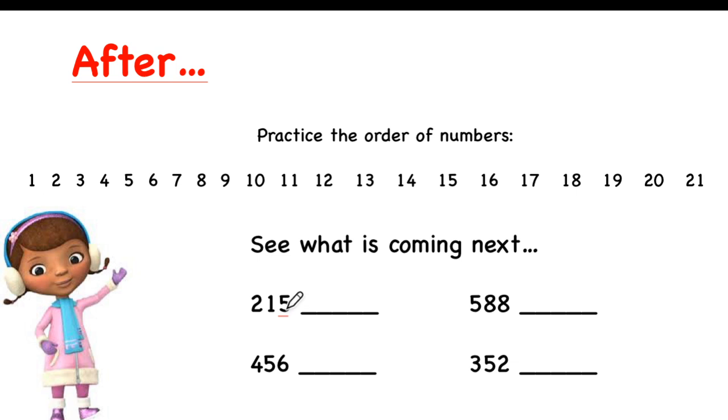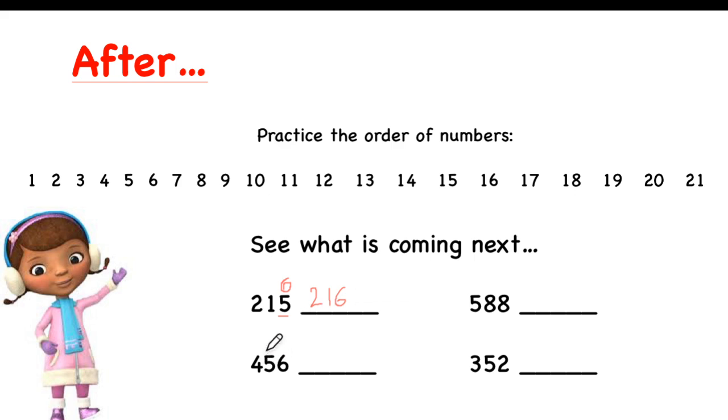What is 5 plus 1? It is 6. So the number that comes after is not 215 but 216, because you add one more to the ones digit. 216 is the next number that is after.